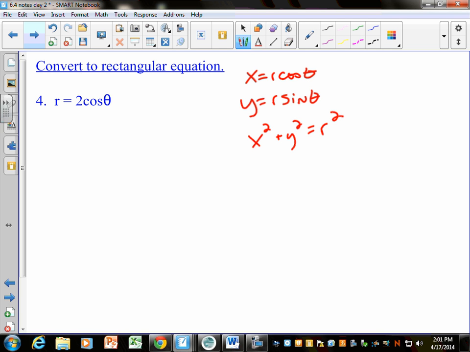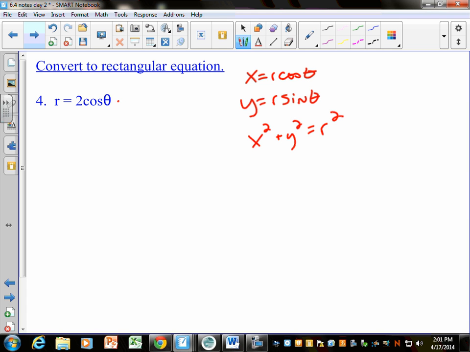But if you could solve something so that you could plug in, it's an equation. If you could multiply by something to make it match up, you could do that also. When I see this problem, not the only way to do this, I think if I had an r cosine theta instead of just a cosine theta, I could just replace that with x, right? So how can I make an r come in there?